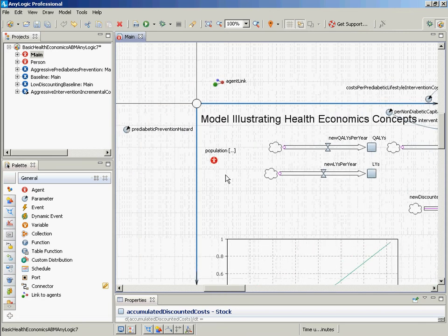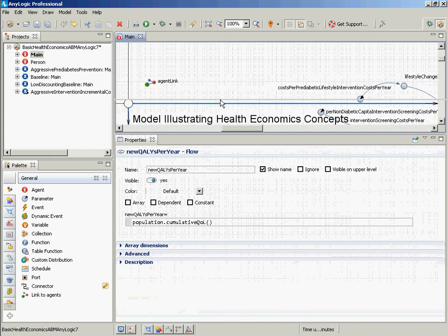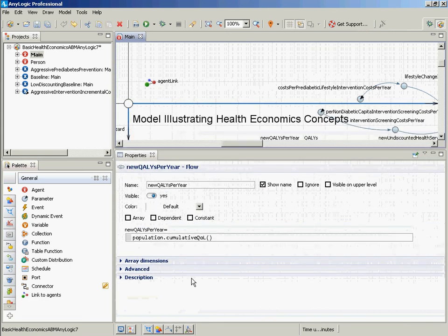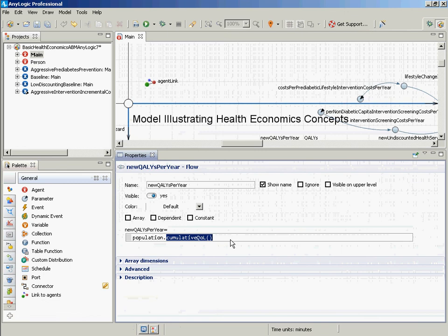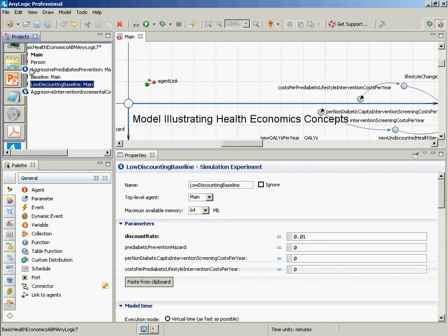If we go and look at quality adjusted life years, we'll see we have a population statistic. See that? We've done that many times before, right? We asked the population to calculate a statistic. Let's go see where that statistic is characterized. Okay? So we'll go into the population here, and let's go down to the statistics area.